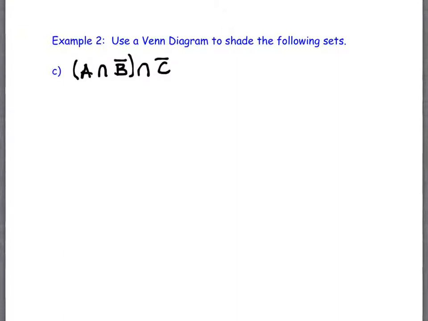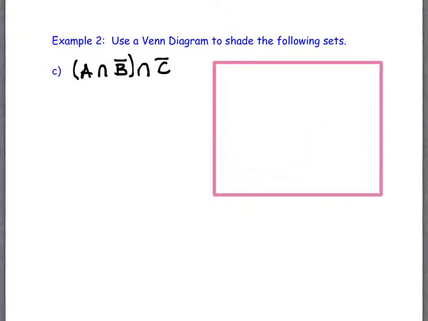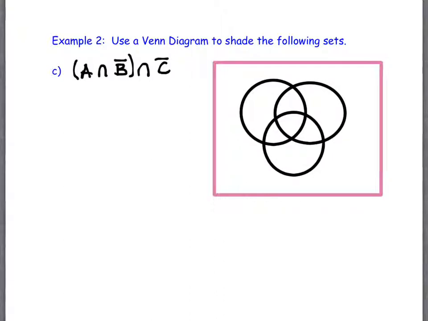The basic picture is going to be drawn with 3 circles labeled A, B, and C. And there's our universal set. And we have our numbered regions, and we'll number them the same as before. What are we going to start with?